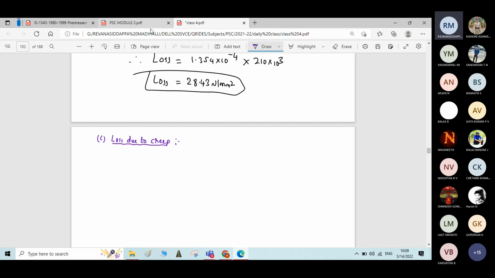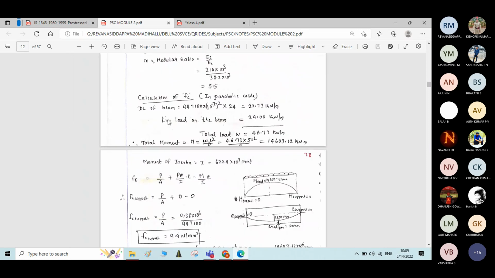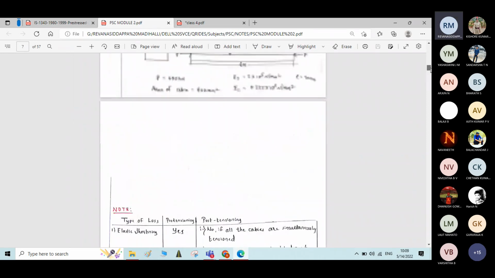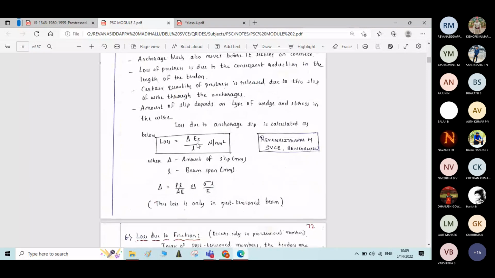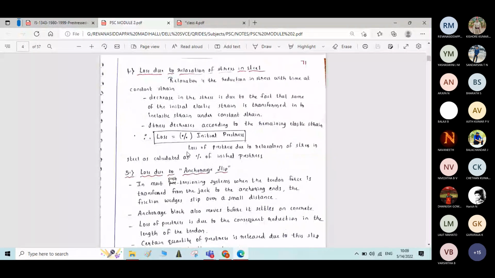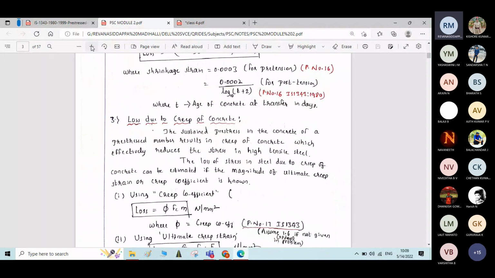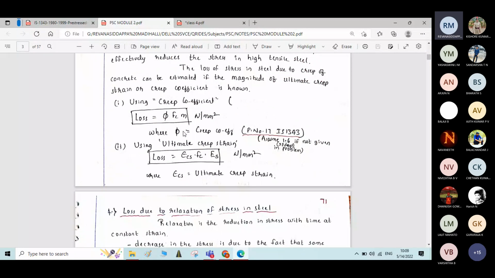What is the formula for loss due to creep? Let me go to the formula. Yes, here we have the formula for calculating loss due to creep. Okay. So there are two different formulas.